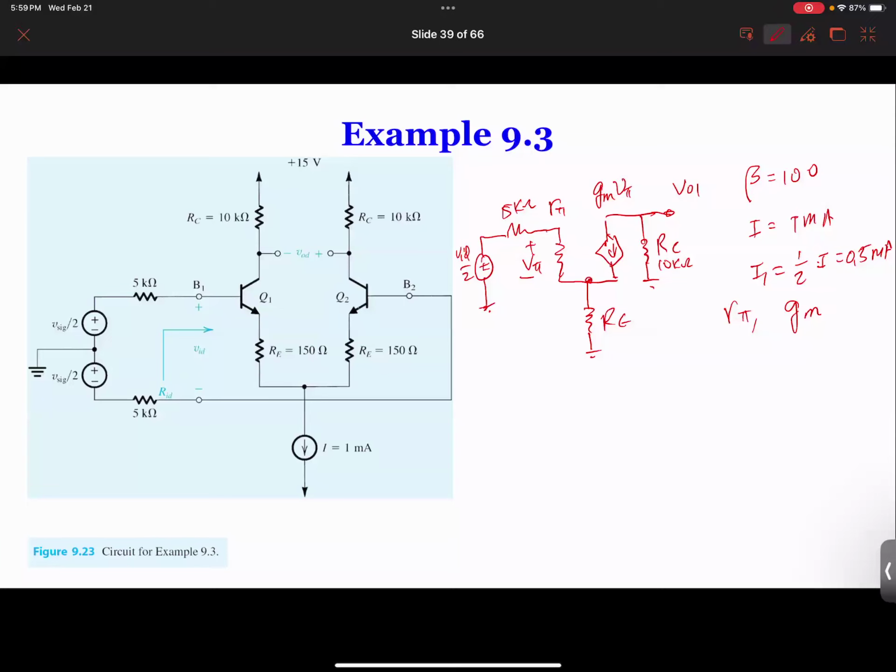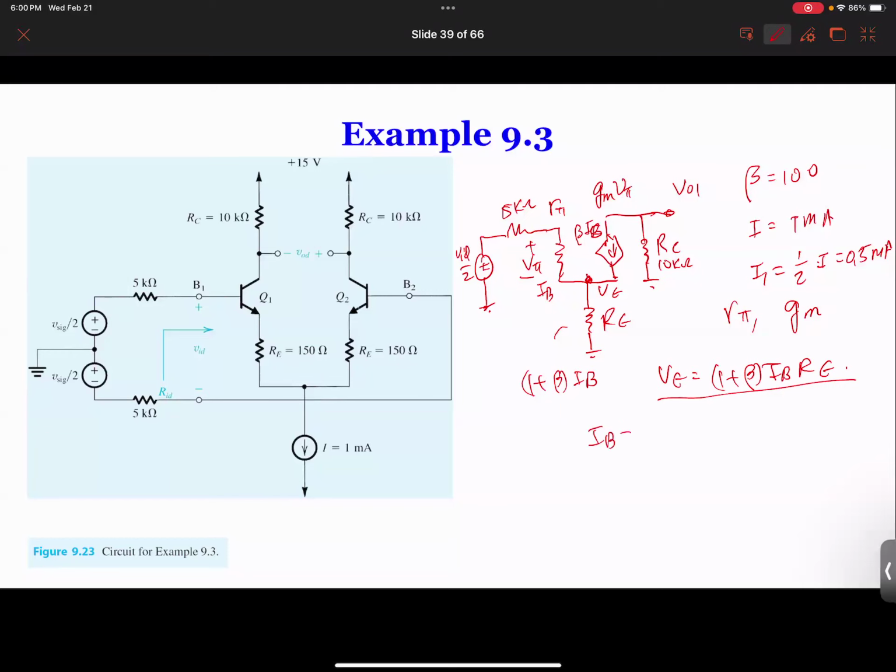If we know this is a current IC and this is a current IB, then this will be beta times IB on the right-hand side, and this will be 1 plus beta times IB. Then you can calculate VE over here. VE is equal to 1 plus beta times IB times RE.